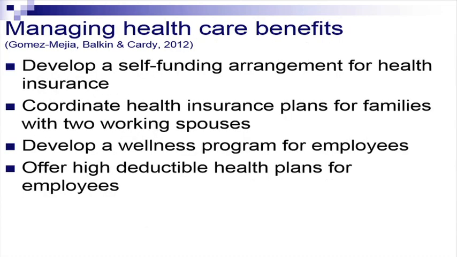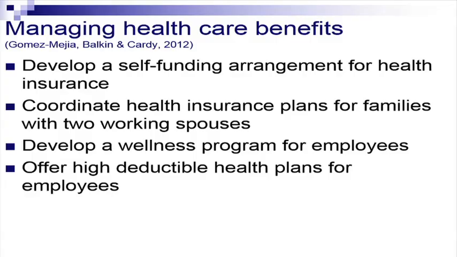How do you manage healthcare benefits? Develop a self-funding arrangement for health insurance. Coordinate health insurance plans for families with 2 working spouses. You could have a self-funding arrangement: let people decide how much they want to put in, give them the opportunity to put into their health insurance, and then maybe you can match it or give them a percentage of it.